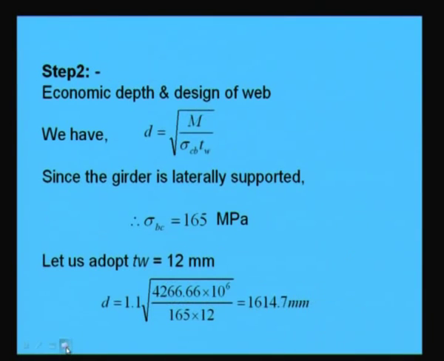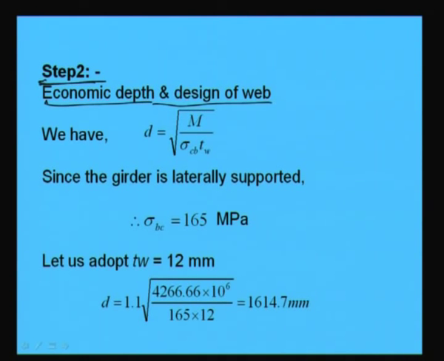Next, what will we do? Next, we will go to step 2, where we have to find out the economic depth of web, that is, design of web. So, we will find out now the economic depth of web and accordingly we will design, right.